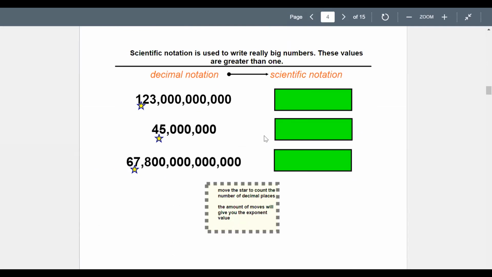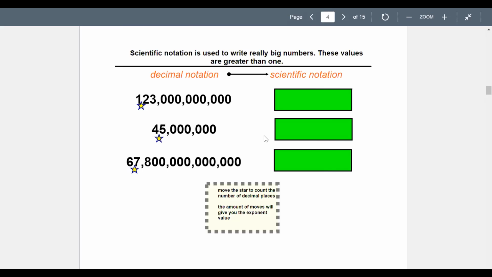So rules to remember A says if a number is greater than 10, the exponent will be blank and is equal to the number of places the decimal must be moved to the blank to write the number in scientific notation. So if a number is greater than 10, you're going to have to multiply that coefficient by 10, which means you need a positive exponent.